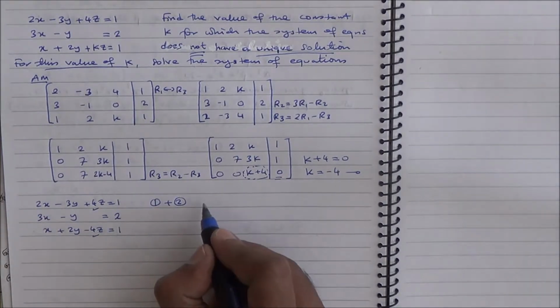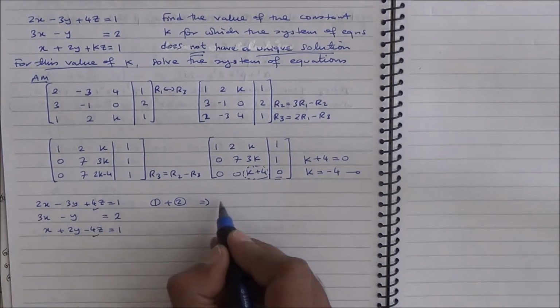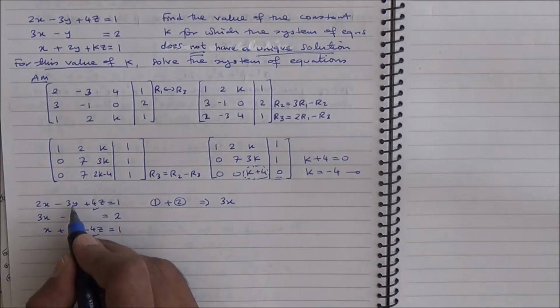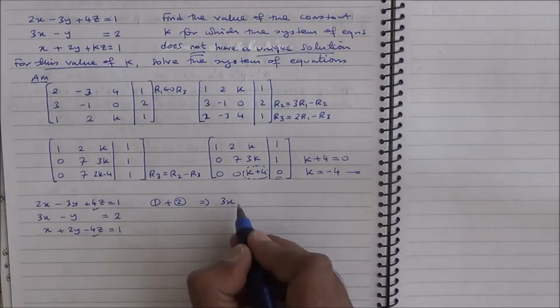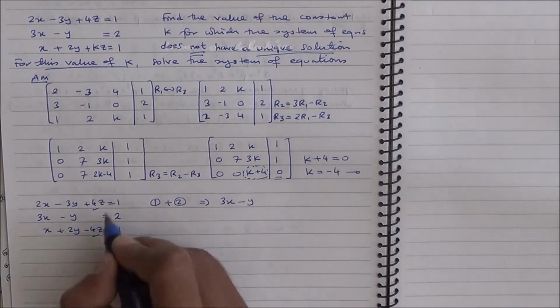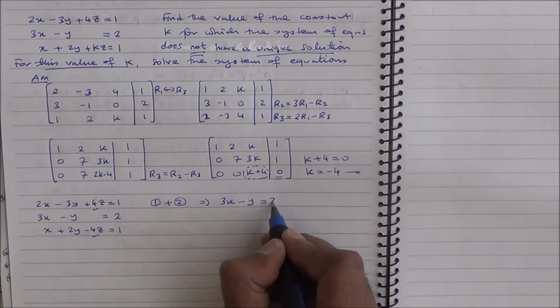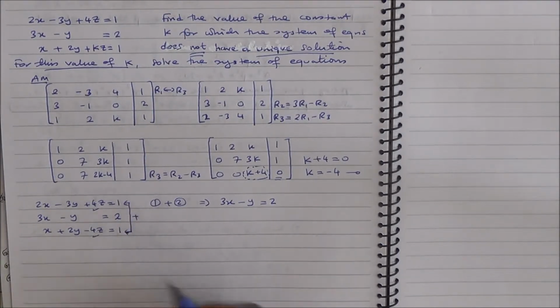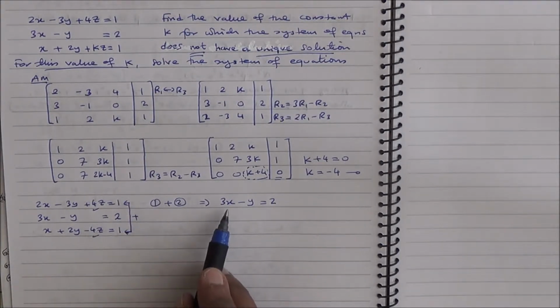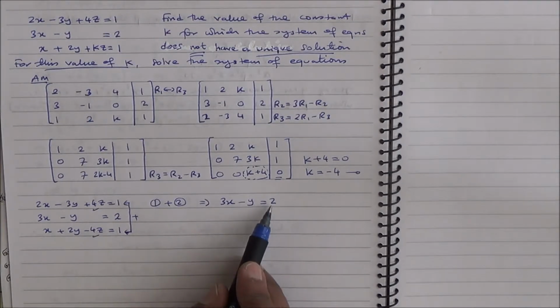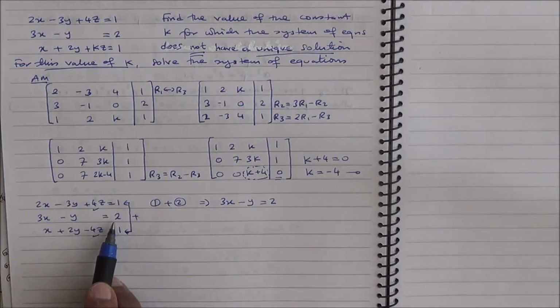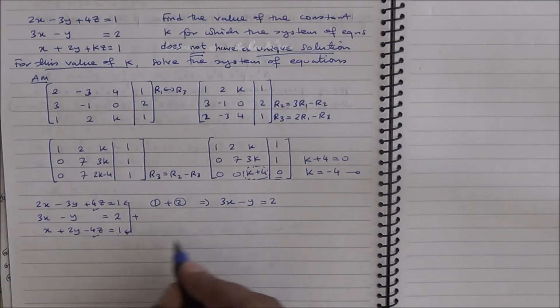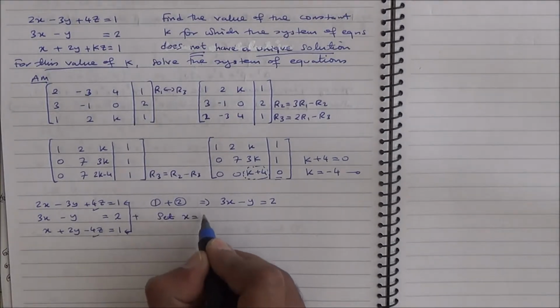This is going to become 2x plus x, which is 3x, minus 3y plus 2y is minus y, 1 plus 1 is 2. So we're taking this and adding it up with this one. Do we observe? Yes: 3x minus y is equal to 2, 3x minus y is equal to 2. Before we do the substitution, I'm going to set x equal to t.